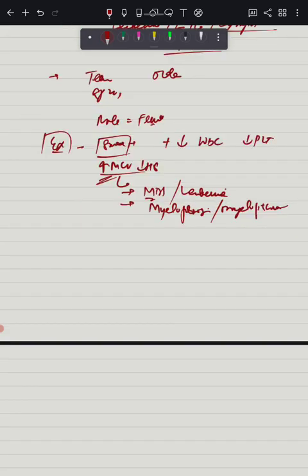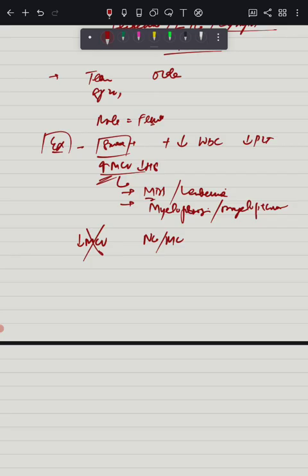First, let's correct the premise: aplastic anemia usually doesn't cause microcytic anemia. So this doesn't happen in aplastic anemia. They usually present with normocytic or macrocytic anemia. So why is this important? Aplastic anemia, we know, is bone marrow hypocellularity. It affects all three cell lines, leading to pancytopenia.